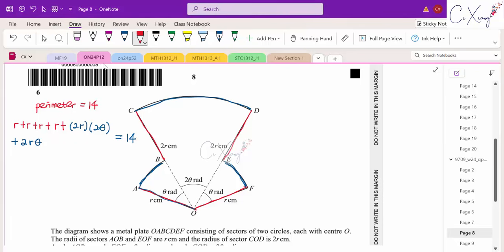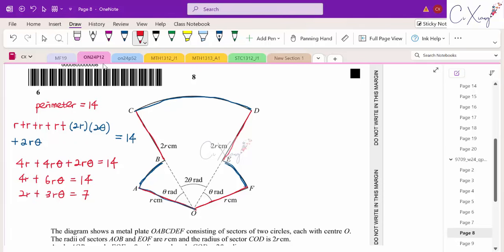Let's simplify everything here. We have 4R plus 4R theta plus 2R theta equals 14. Simplifying further, 4R plus 6R theta equals 14. Then simplifying again, 2R plus 3R theta equals 7.